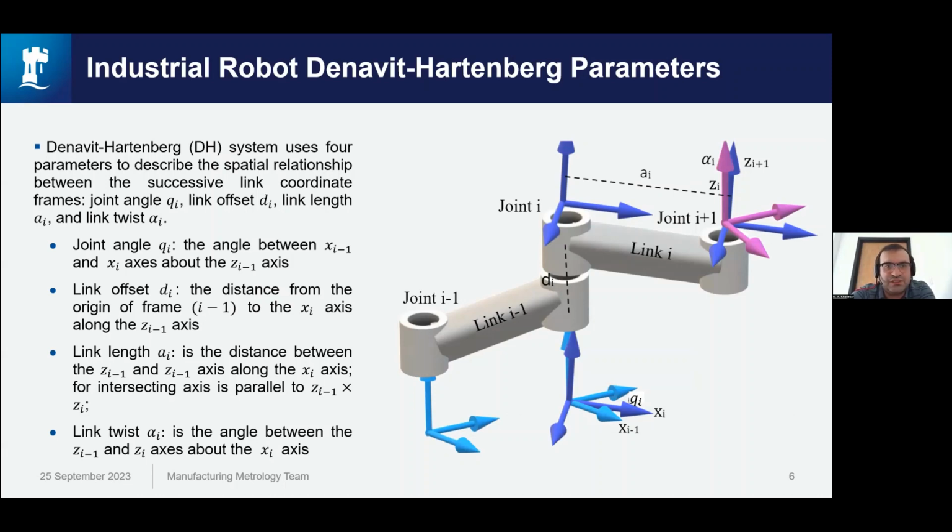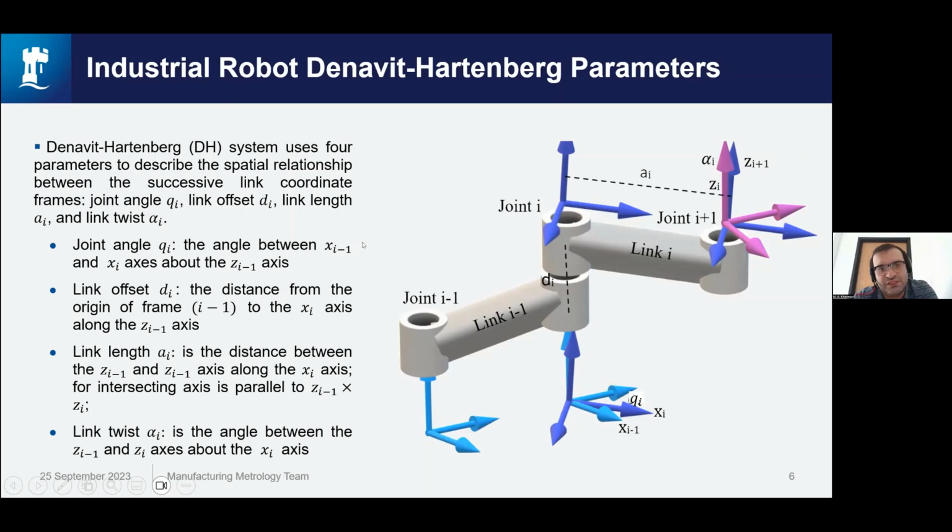There are 4 different parameters which identify the forward kinematic of the industrial robot. qi are the joint angles of the industrial robot, di the link offset, ai the link lengths. And then we have link twist, which is identified by alpha i, which shows the different parameters of the DH parameters of the industrial robot.